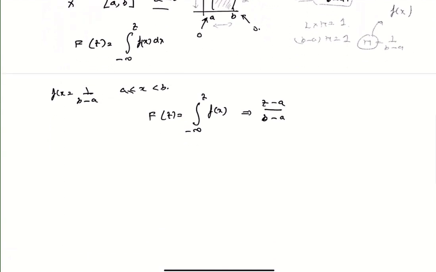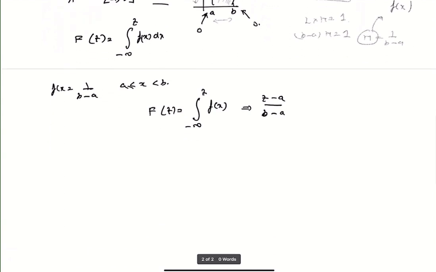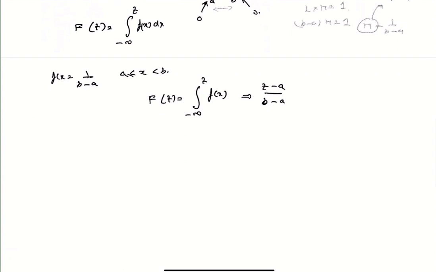And well, it's hard to do this integration, but logically it makes sense, because if you think of this box here, where this is b and this is a and this value here is t, we are talking about this area here, and the area is your F of t.